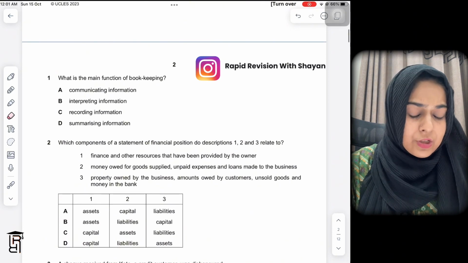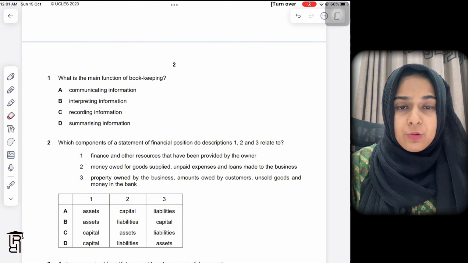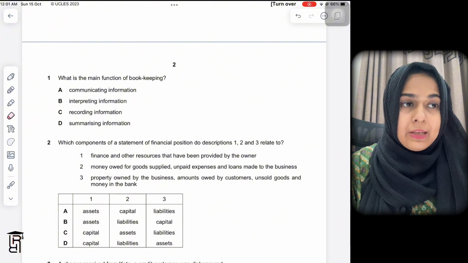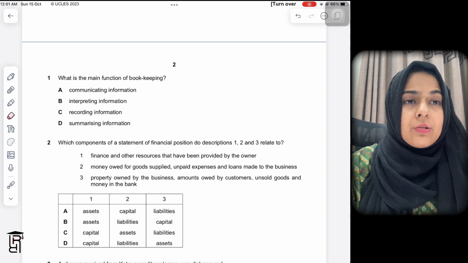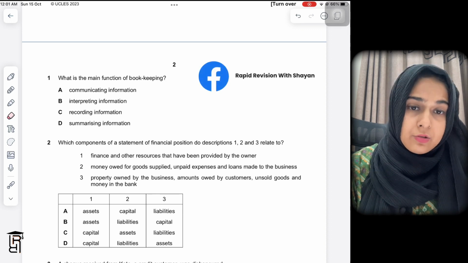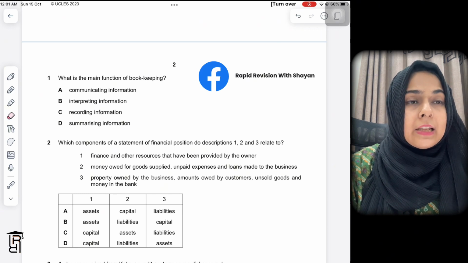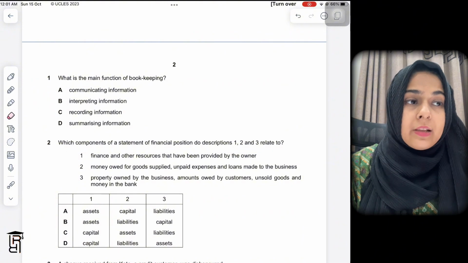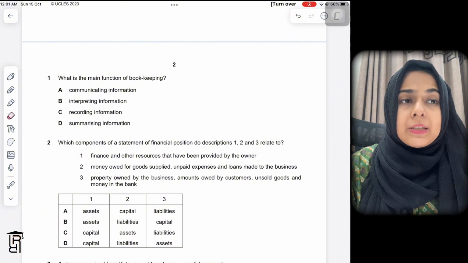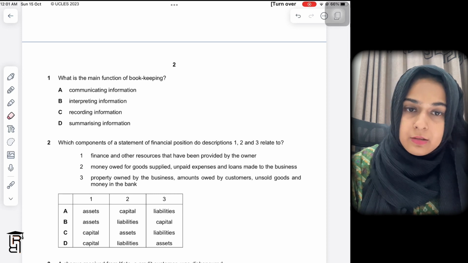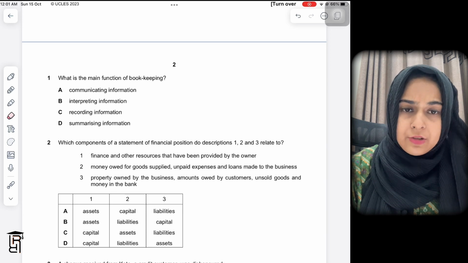What is the main function of bookkeeping? The accounting cycle has a few steps. Number one is using business documents to make the books of prime entry, then you post things into the ledgers, then you extract a trial balance, then you make the income statement and statement of financial position, and then decision making is done based on the financial statements.